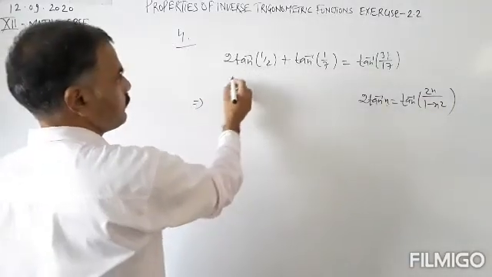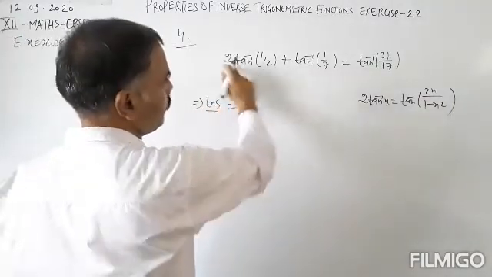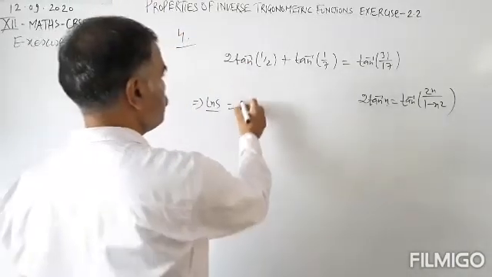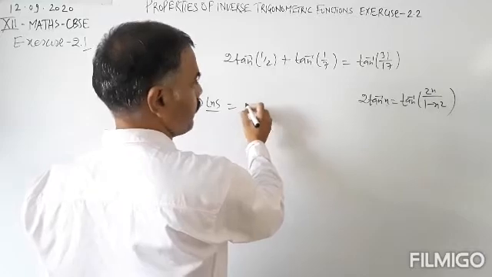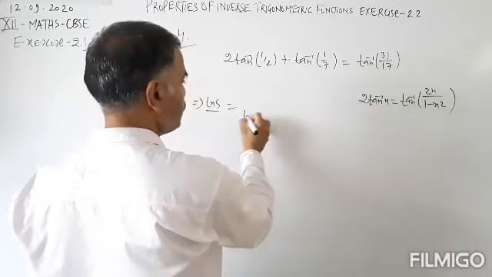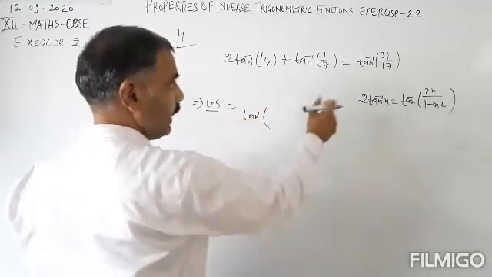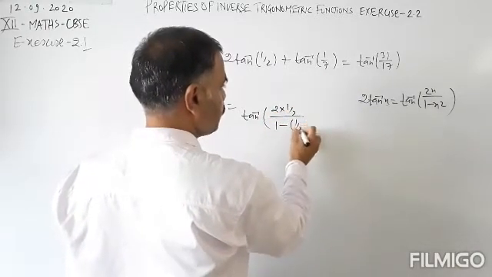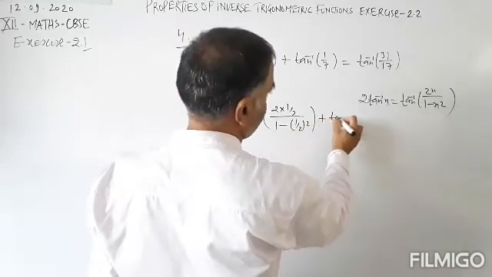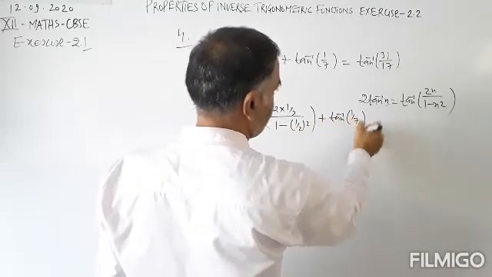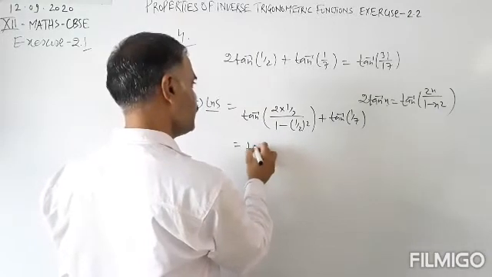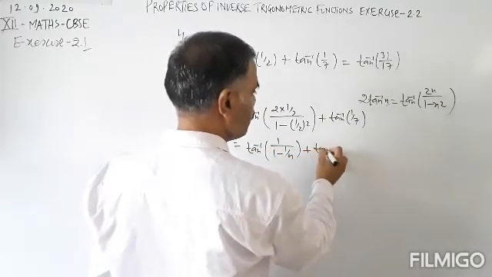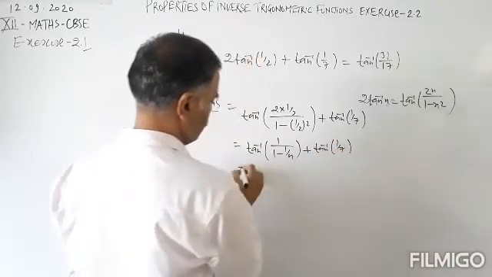So the left hand side, 2 tan inverse 1 by 2, where x is equal to 1 by 2, is tan inverse of 2 into 1 by 2 upon 1 minus 1 by 2 square, plus tan inverse 1 upon 7. This is equal to tan inverse of 1 upon 1 minus 1 upon 4, plus tan inverse 1 upon 7.